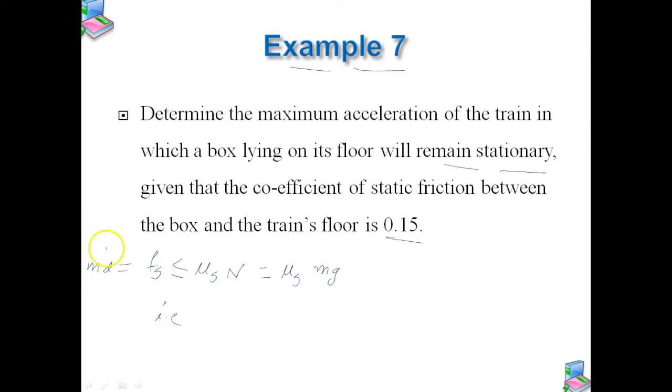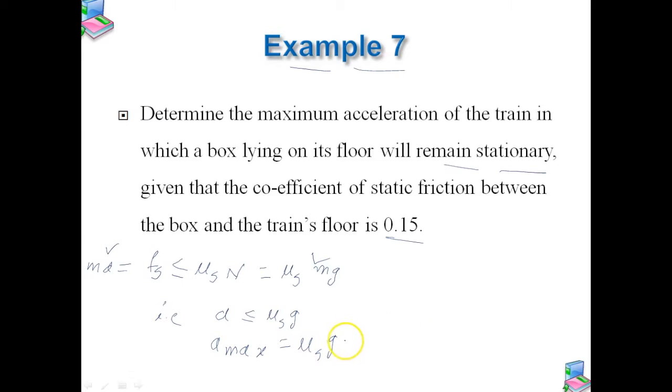By considering the first and the last one, we can write A is always less than or equal to mu s into g. And now we should find the maximum acceleration, that is A max, which is given by mu s into g.